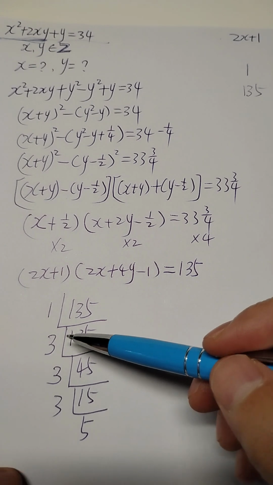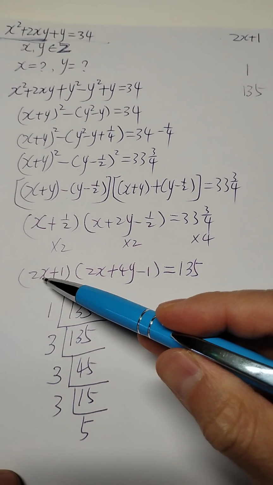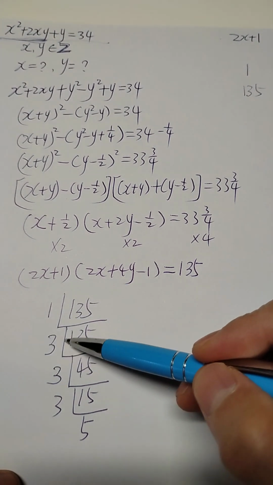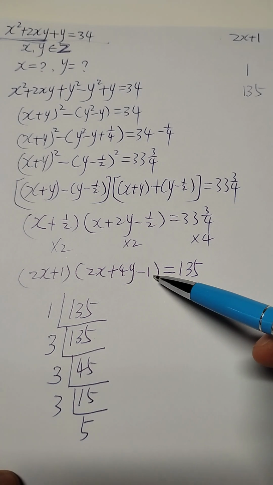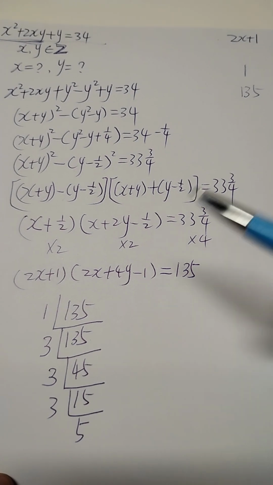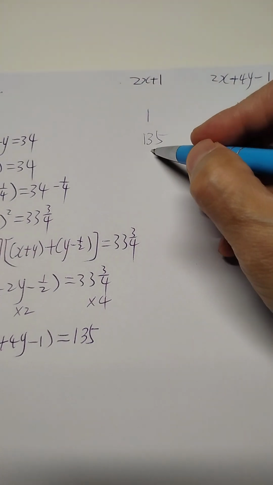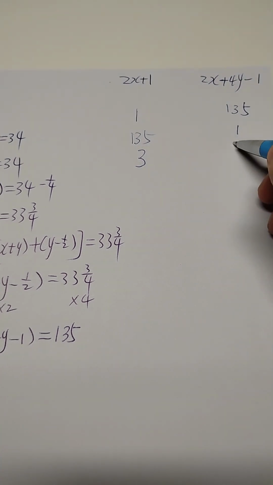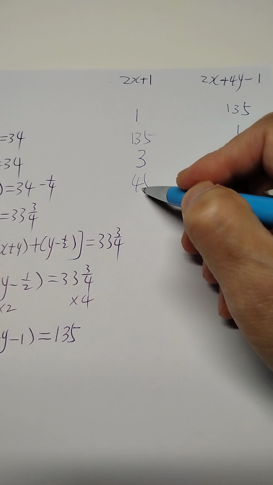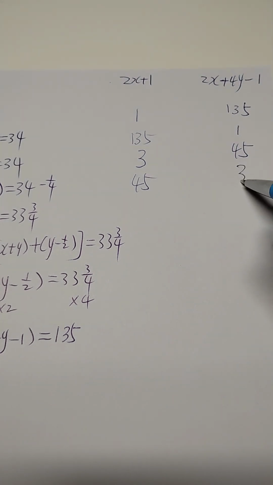And then look at it again. If 2x plus 1 equals 3, then the other part should equal 45. If it is 45, it should be 3.